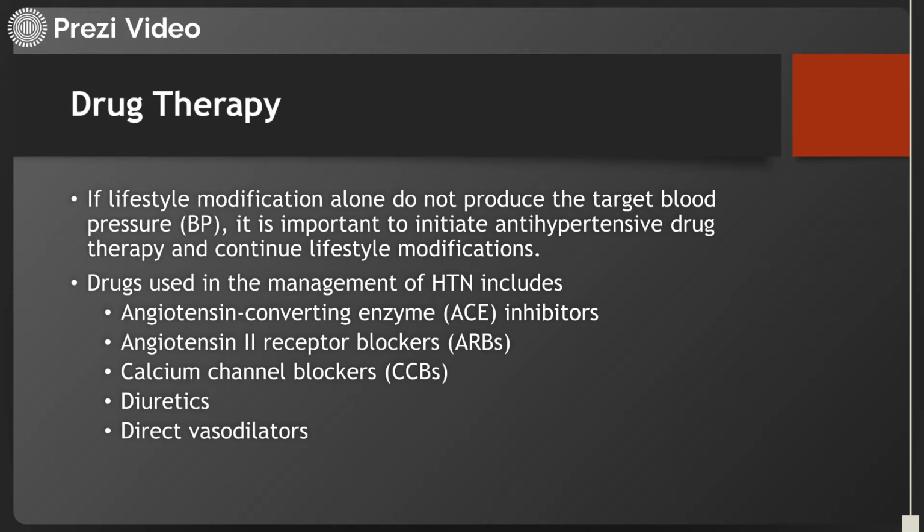So the ones that we're going to talk about in this chapter are your angiotensin converting enzymes, or what we call ACE inhibitors, your angiotensin 2 receptor blockers, your ARBs, and your calcium channel blockers, CCBs. Like I said, diuretics have multiple uses, so they decided to put them in a whole chapter. And then you have direct vasodilators that sometimes we use in emergency situations.